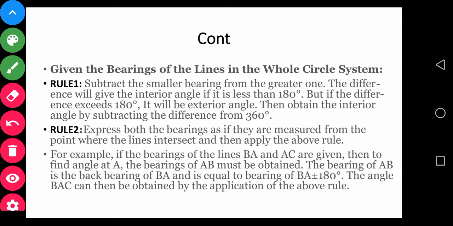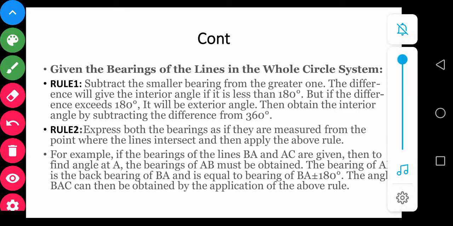While doing traversing, the bearings can be in two systems, as we have discussed earlier: the whole circle bearing system or the quadrantal bearing system. If the traversing is done in the whole circle system, then there are two rules to calculate included angles.